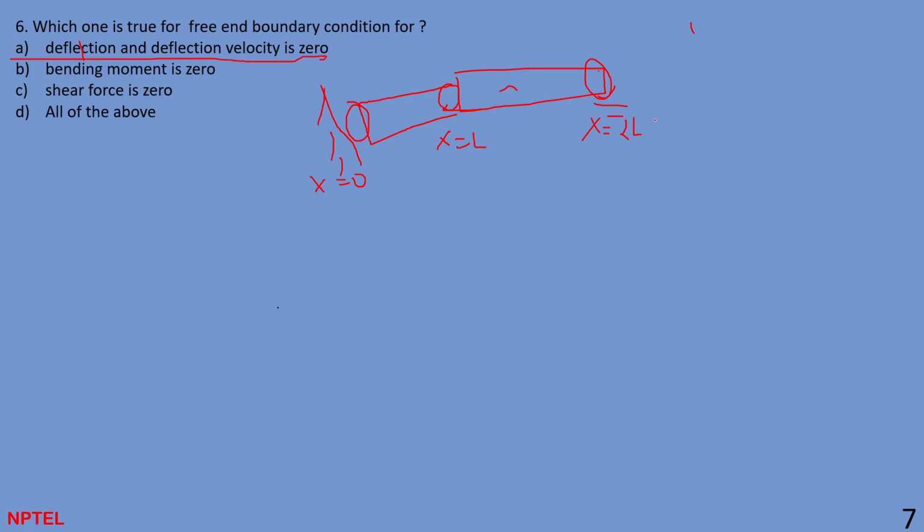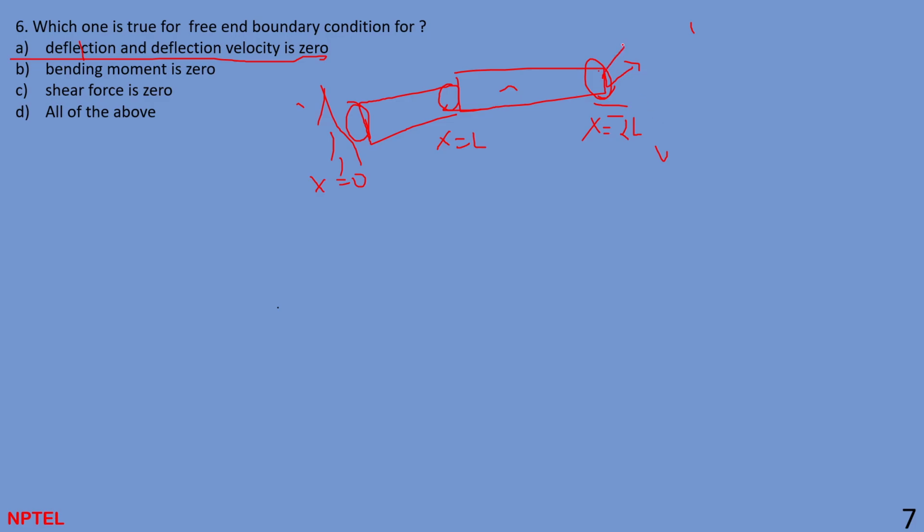I don't think so, because see, here it is free and can move easily. Whereas if this is fixed, then the deflection and deflection velocity will be zero at that point, but not at this point. So what is the boundary condition you will apply?